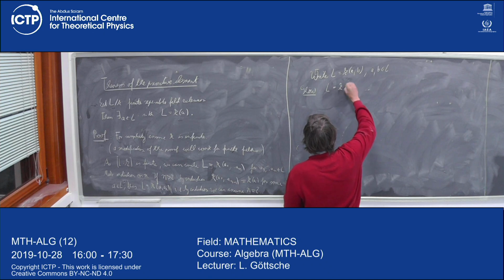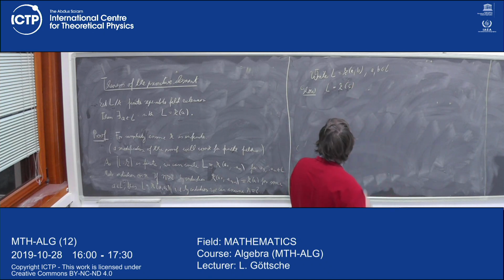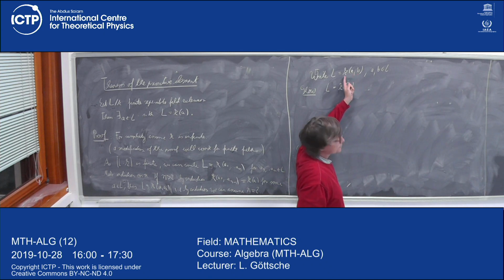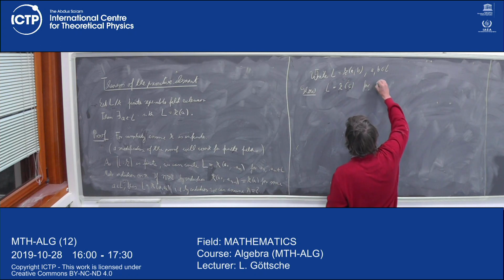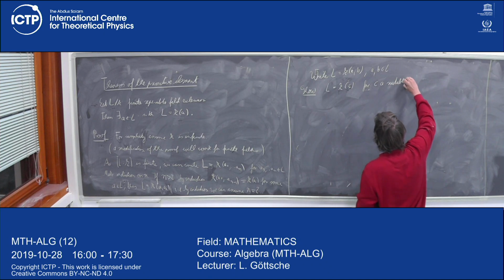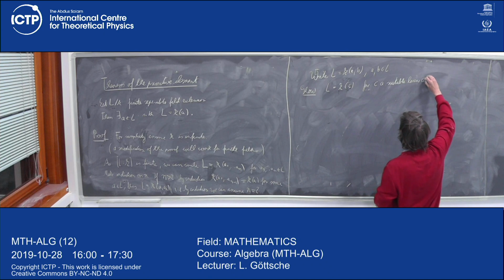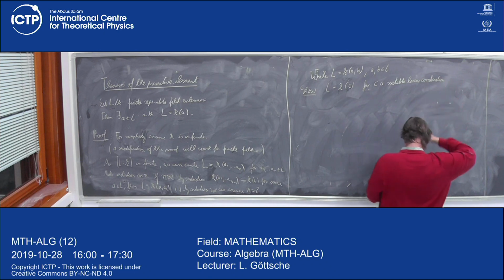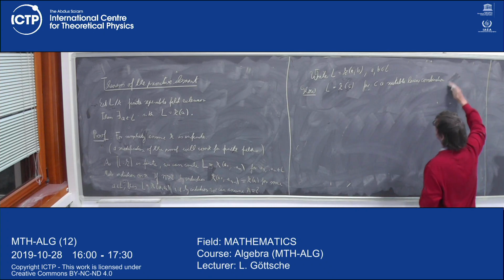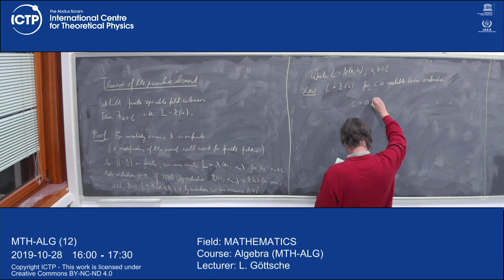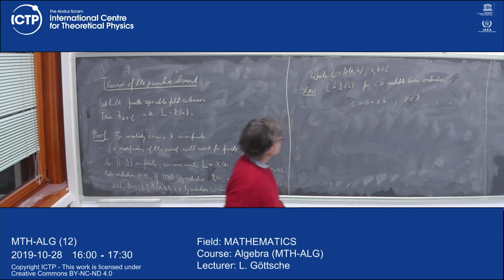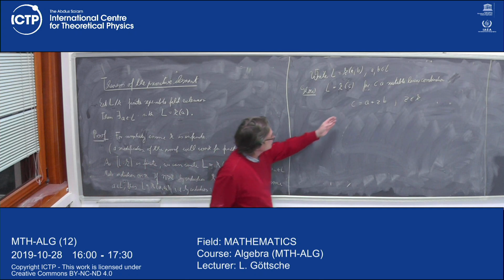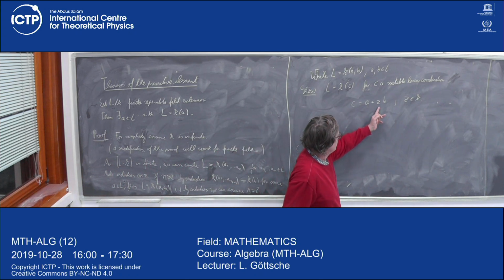L can be written as K(C), where C is obtained as a linear combination of these two, a linear combination with coefficients in K. For a suitable linear combination C equal to A plus Z times B, where Z is an element in K. So I want to find A plus some element in K times B, such that this is this.